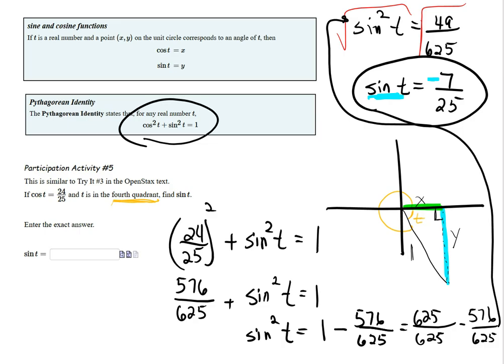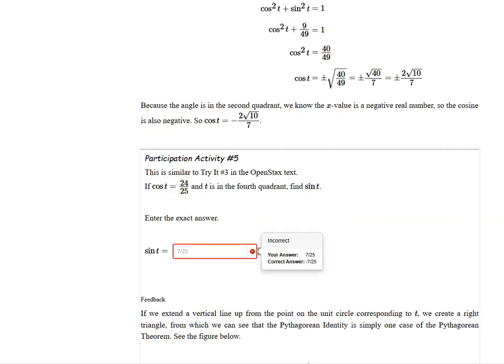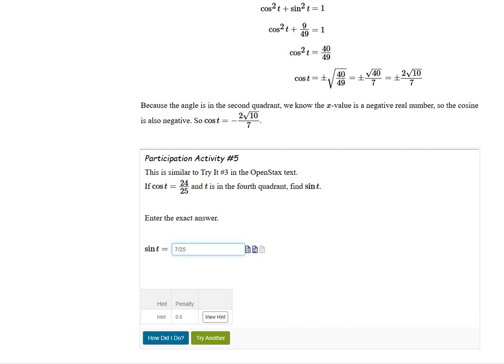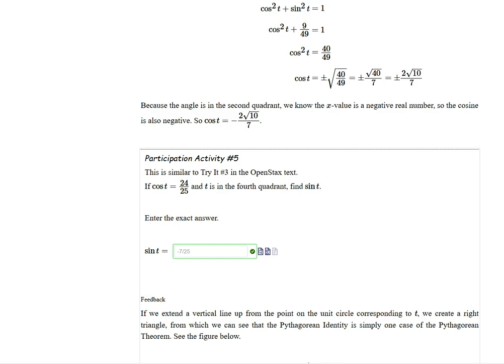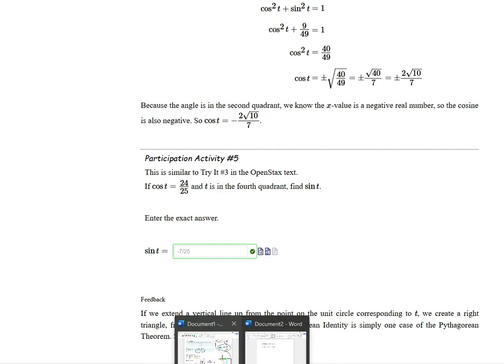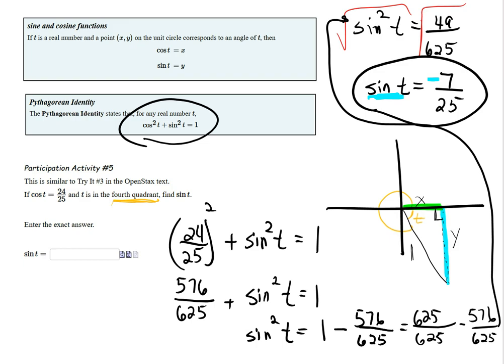Yep, that's what I was forgetting to think about. It should be a negative. Put that in there. There we go. That was important to remember that you're in quadrant number 4. If you're in quadrant 1, both x and y are positive. And that is something they point out when you watch the video for participation activity number 3.